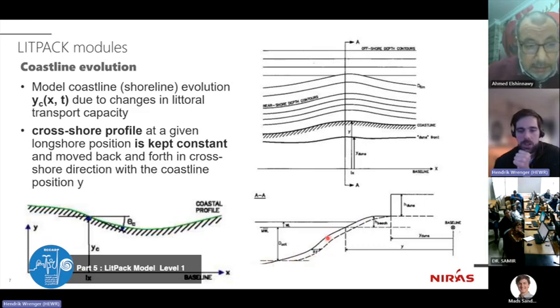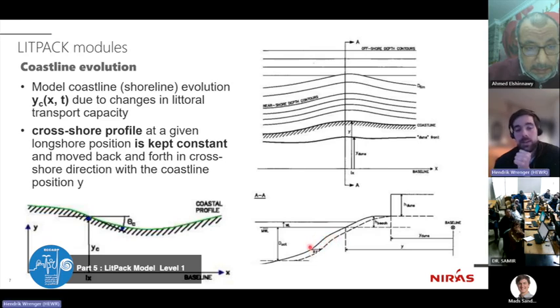We input a constant profile, and then depending on the differences in long-shore transport, if I have a deposition or an erosion, then I just move this profile back and forth.